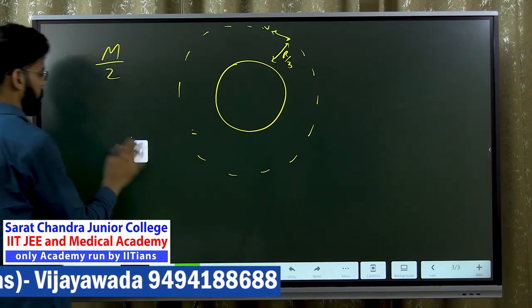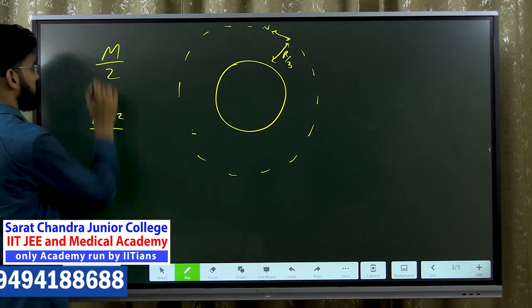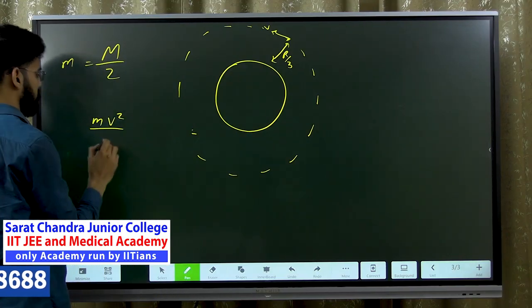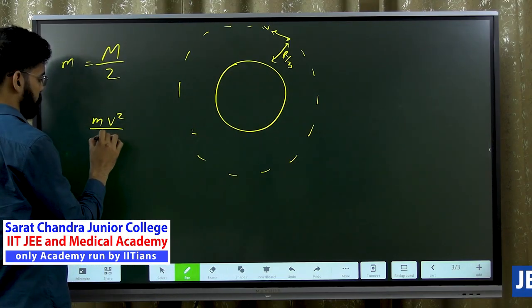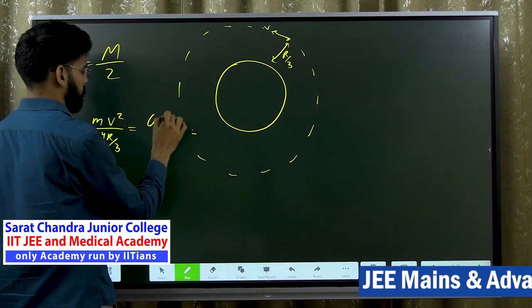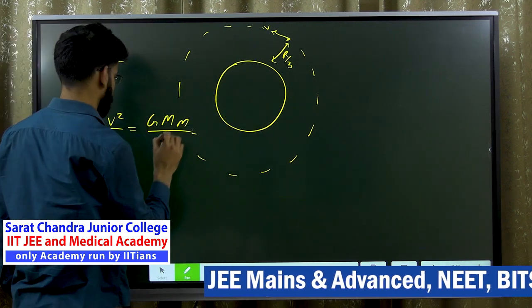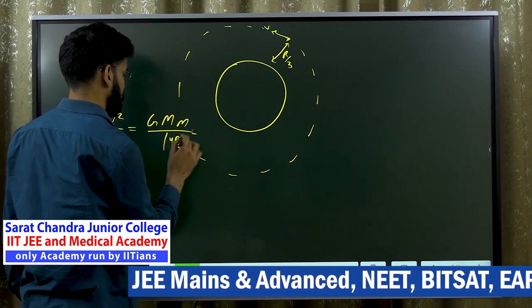I'm putting m here, leave it. m v square by r, that is at 4r by 3, is equal to G M by r square, right? So r is 4r by 3 only, 4r by 3 whole square.